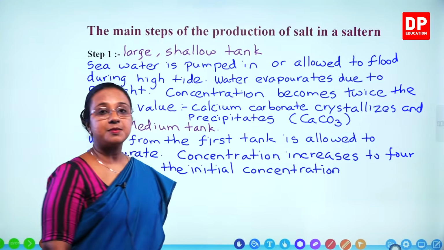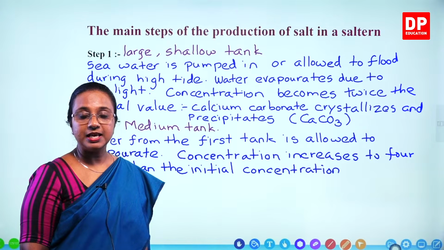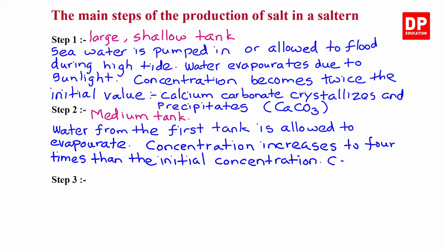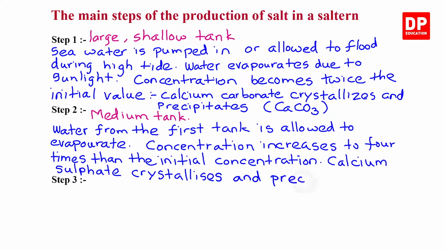Then what is the substance that's going to precipitate? Calcium sulfate. So calcium sulfate crystallizes and precipitates.